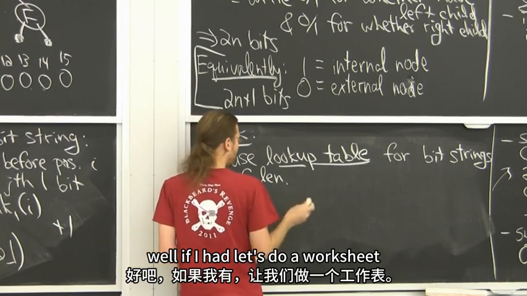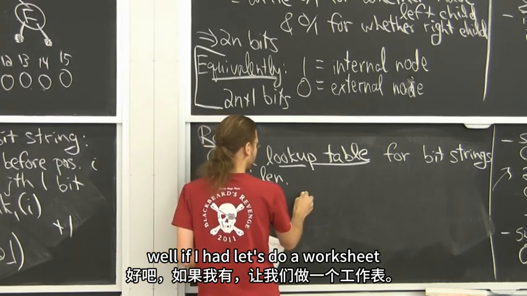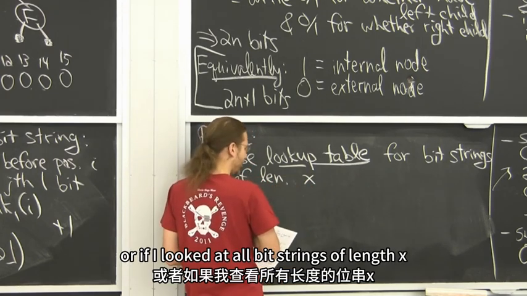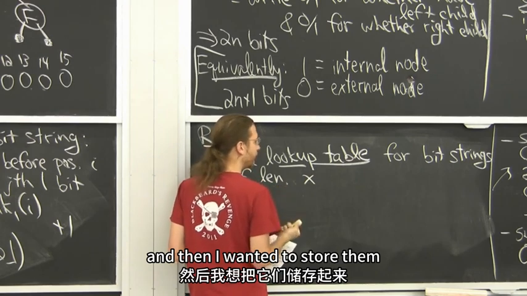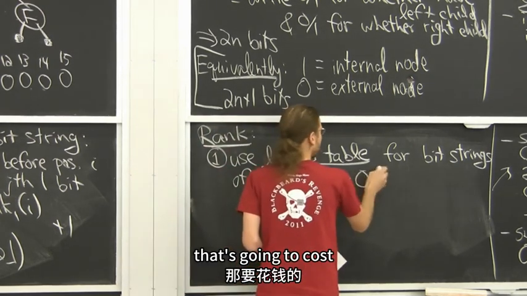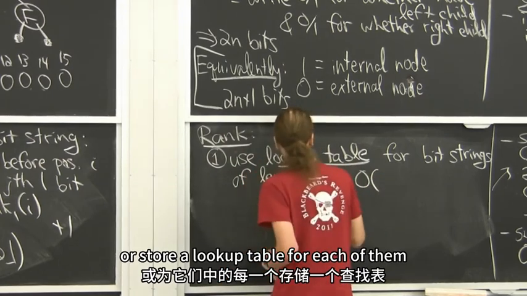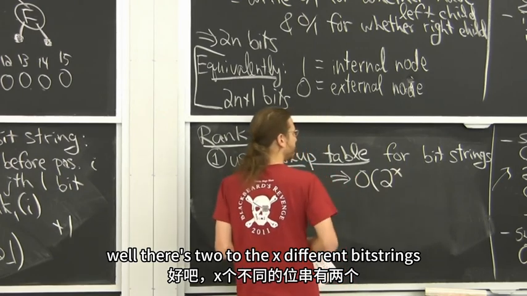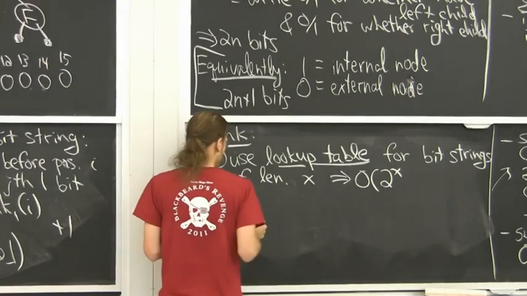Well, let's do sort of a worksheet. If I had space x, or if I looked at all bit strings of length x, and then I wanted to store a lookup table for each of them, it's going to cost, well, there are 2 to the x different bit strings of that length.